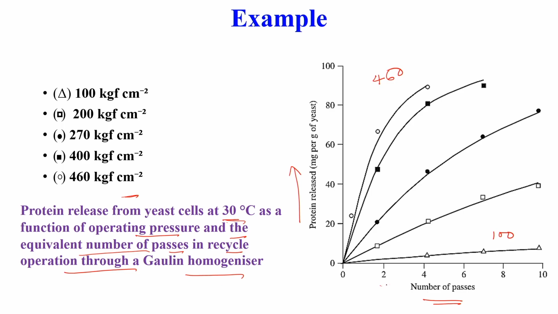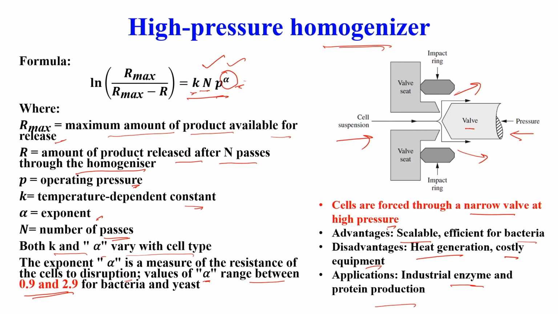If you keep on increasing the number of passes, there is an increase in the protein released or your product released, but if you increase the pressure, there is a sudden increase in the released amount. So, it says both the number of passes as well as the pressure are important. It depends on n and it also depends on P to the power alpha.